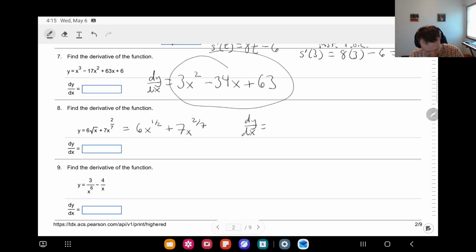So dy dx, bringing that 1/2 down times 6. So when you subtract 1 from 1/2, you get negative 1/2. And here the 2/7 comes down times 7. That'll be x to the negative 5/7, when you subtract 1 from that 2/7 exponent.